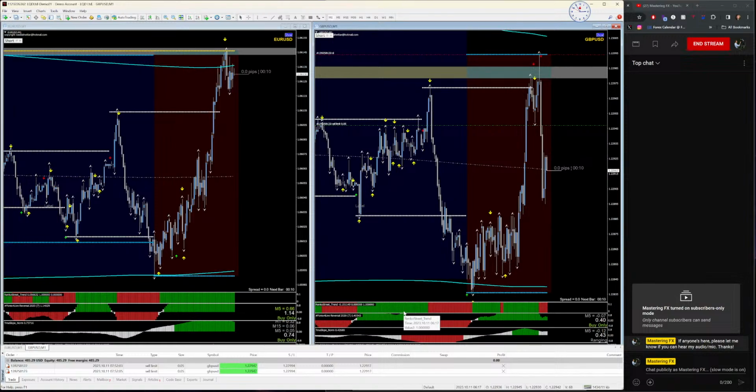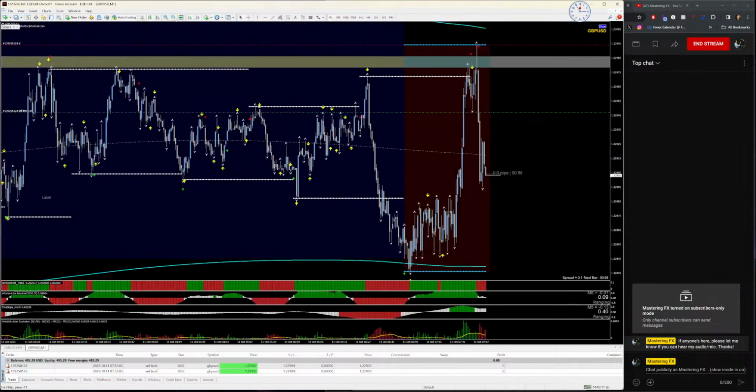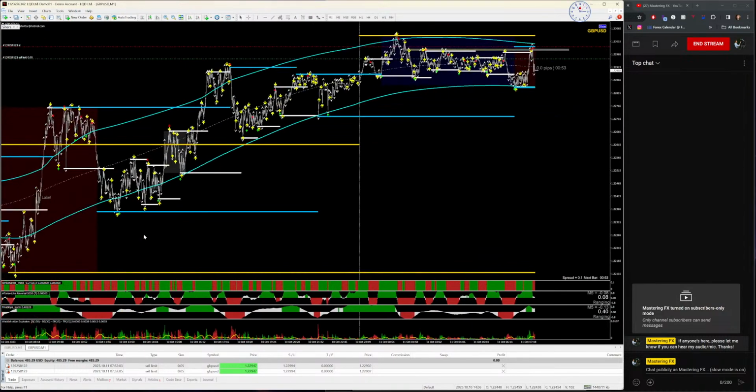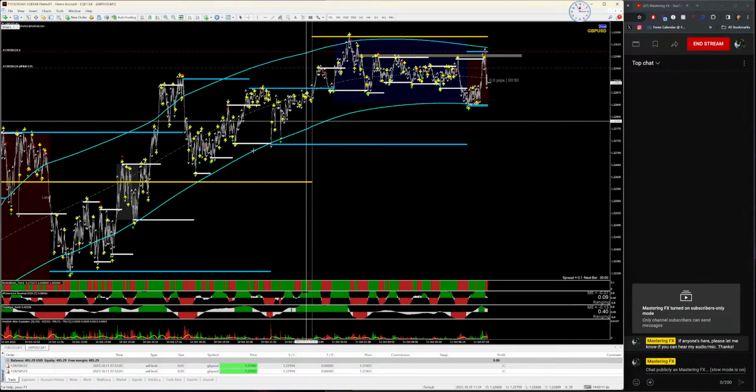So now let's see if we get tagged in on the GBP USD. 4.7 stop loss. That's actually really not that bad, especially since we're still on the top. Yeah, we're still on top up here, so we got ways to go if it goes.